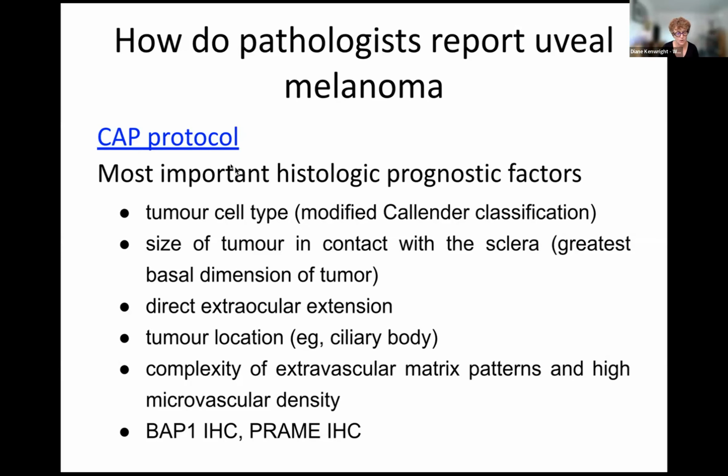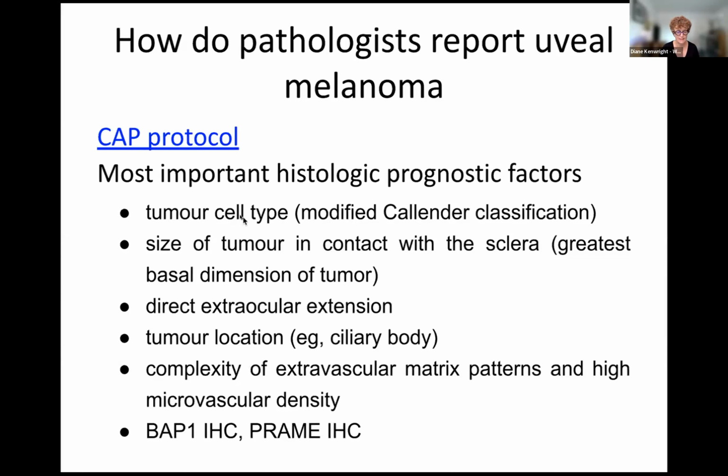Okay. So these are the most important histologic features that you need to draw out of the CAP protocol. So far we've covered what to say when we want the macroscopic, the difference between epithelioid and spindle cell, and now we're up to the most important prognostic features that appear in a pathologist's report.